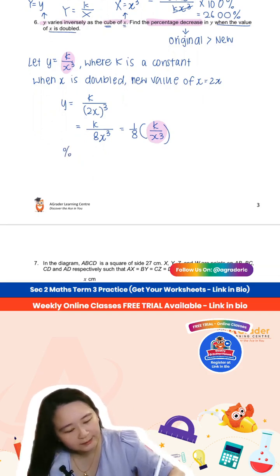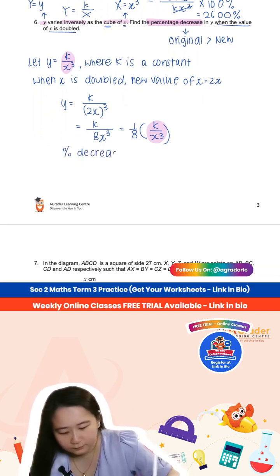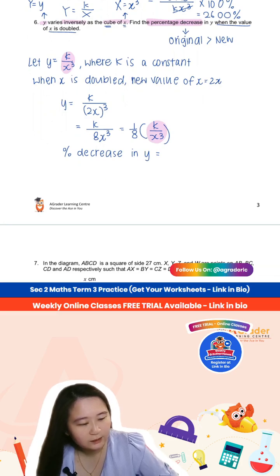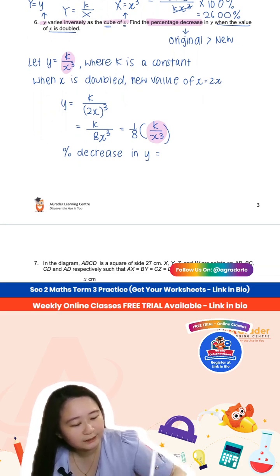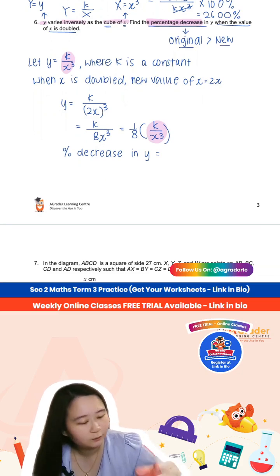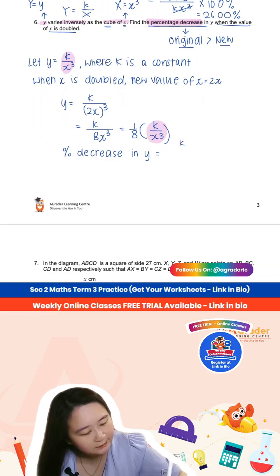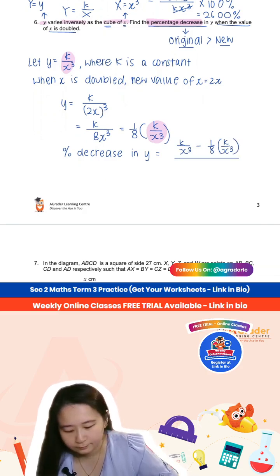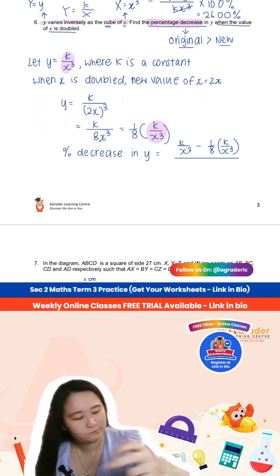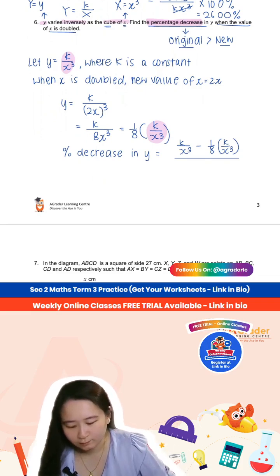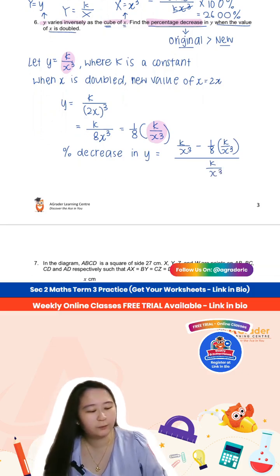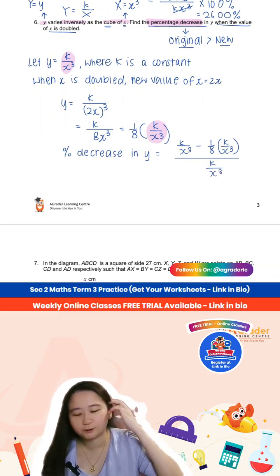Okay, so the percentage decrease in y will be, since they're asking for percentage decrease, you know original is greater than new, so you take original minus new in this case. Over k. So when you're finding percentage decrease, you divide by original.